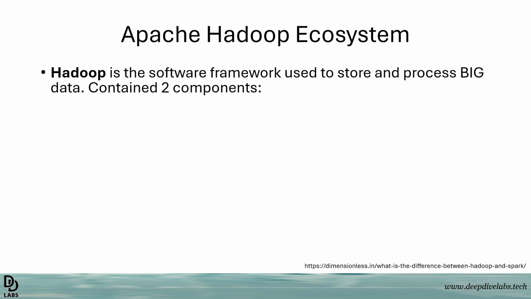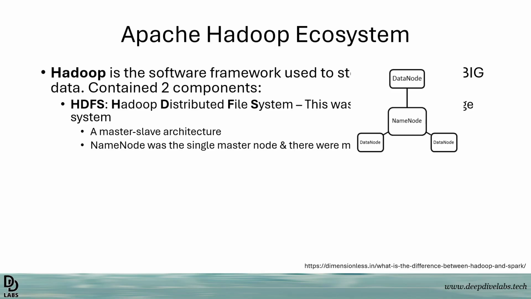As I said, before we dive into the Apache Spark framework itself, it's important to understand the Apache Hadoop ecosystem. Hadoop is a software framework that was used to store and process big data. The Hadoop ecosystem consists of two main components. The first is HDFS, which stands for Hadoop Distributed File System.